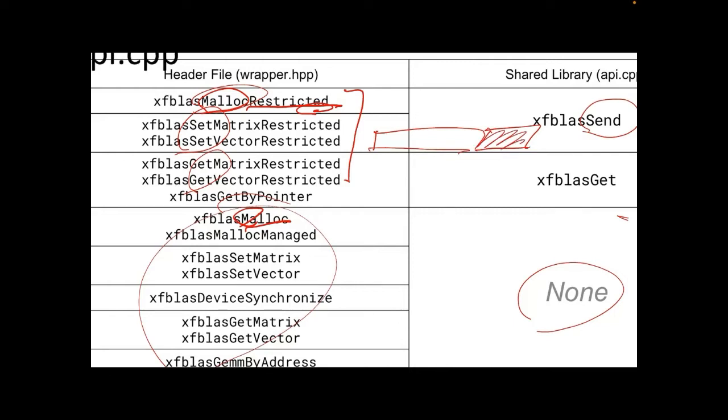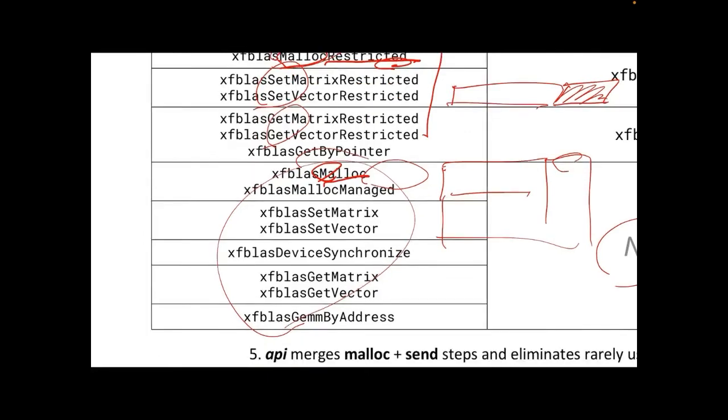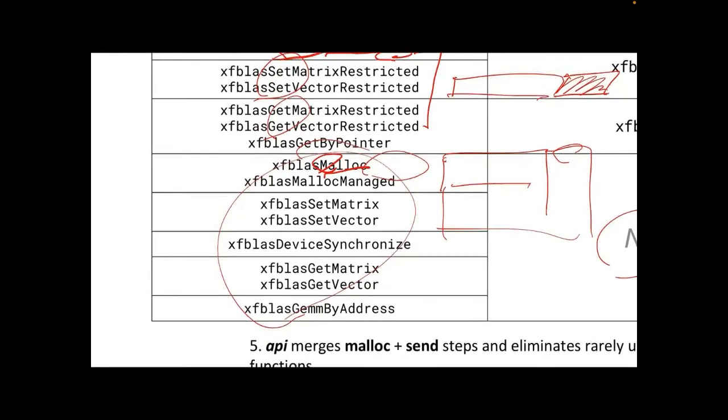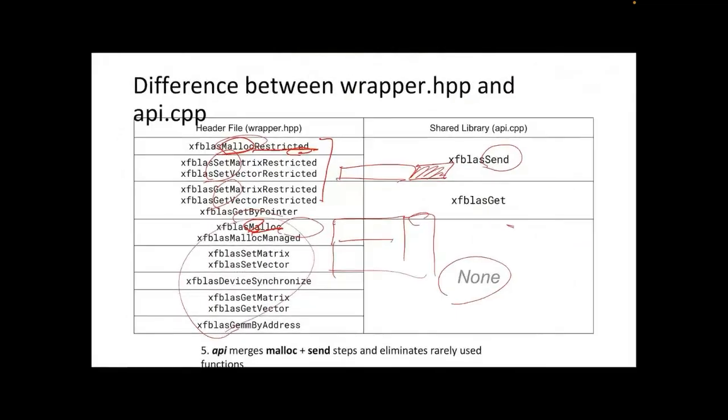But in the non-restrict version, the memory may not be padded. In the header file, the API will do the padding automatically for you. So the shared library version of the API only provides the restrict version of the functions.